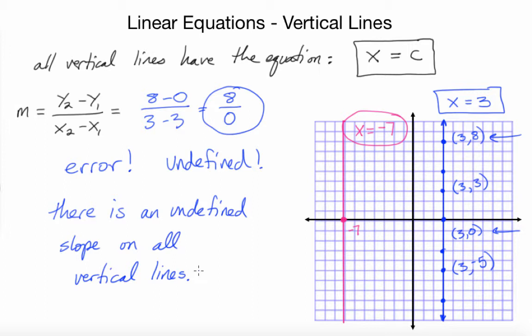This is not 0. This is just undefined. I can't think about something changing in this case because there is no change happening. Usually when we use linear equations, we want to know, as my x variable changes, which is oftentimes like time or minutes or something like that, how does y change in response to this?